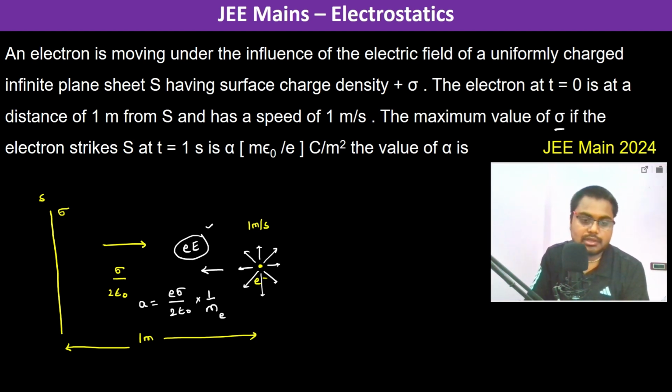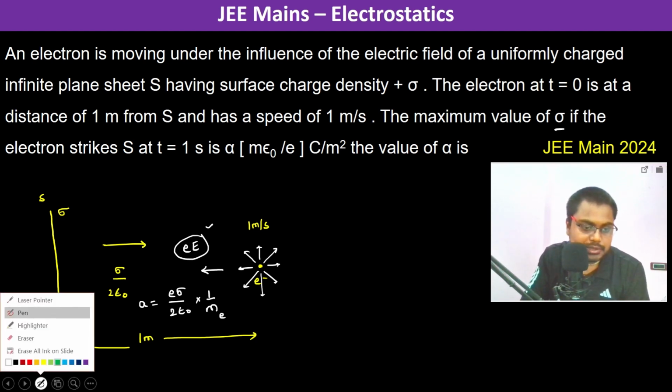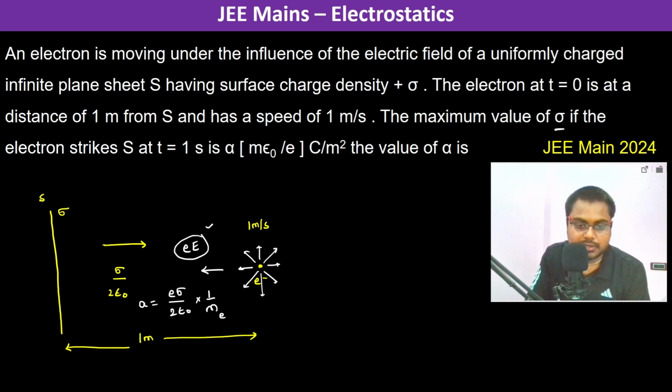Now, what should be the maximum value of sigma? If the speed is in this direction, it will require minimum acceleration to strike here in 1 second. If the speed is in this direction, it will require some more, but if the speed is in this direction, then to strike it you require the maximum acceleration.